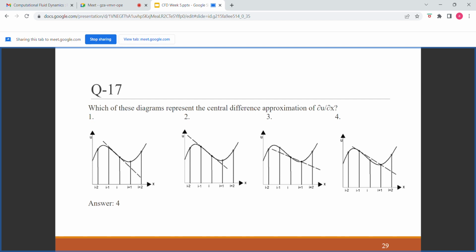So basically, what is the central difference approximation of dou u by dou x at i? We have seen the different schemes like forward difference, backward difference, and central difference. So first, can anyone say how these three schemes differ in their approach?